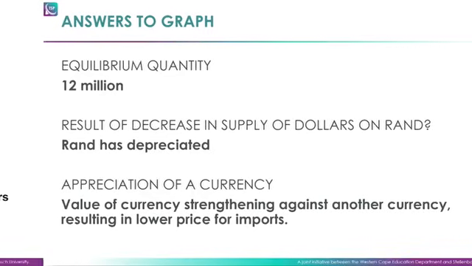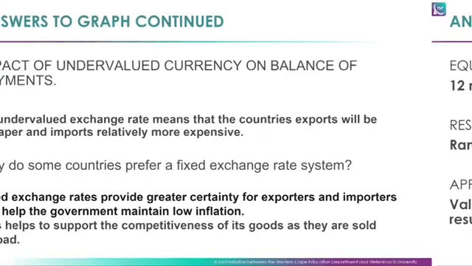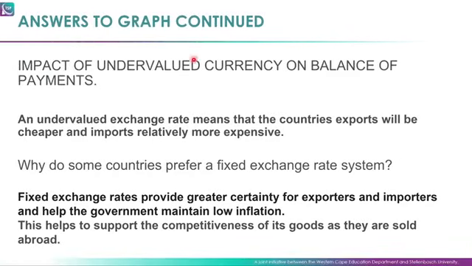The next one, what will be the impact of undervalued currency. Now here's another term, because we were using appreciation and depreciation. Now we're talking about undervalued, right? So the impact of an undervalued currency on the balance of payments: an undervalued exchange rate means that the country's exports will be cheaper and the imports relatively more expensive, right?